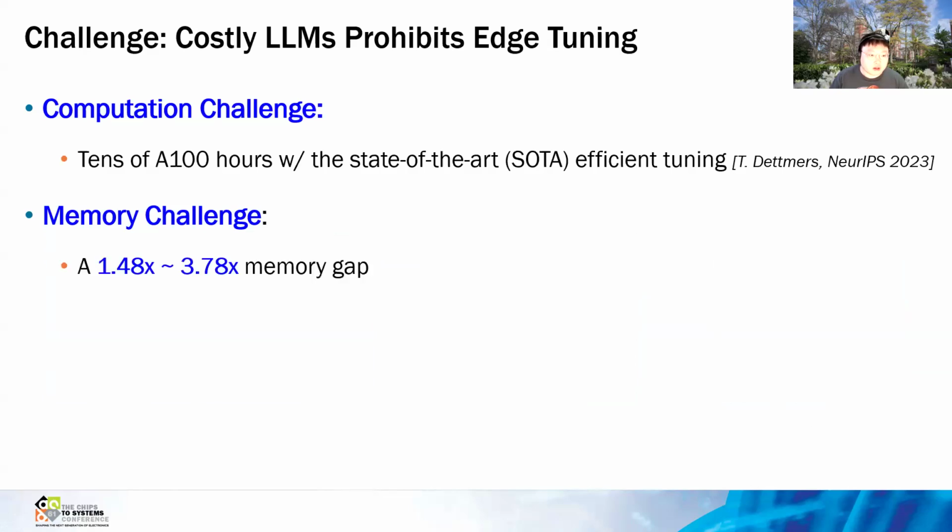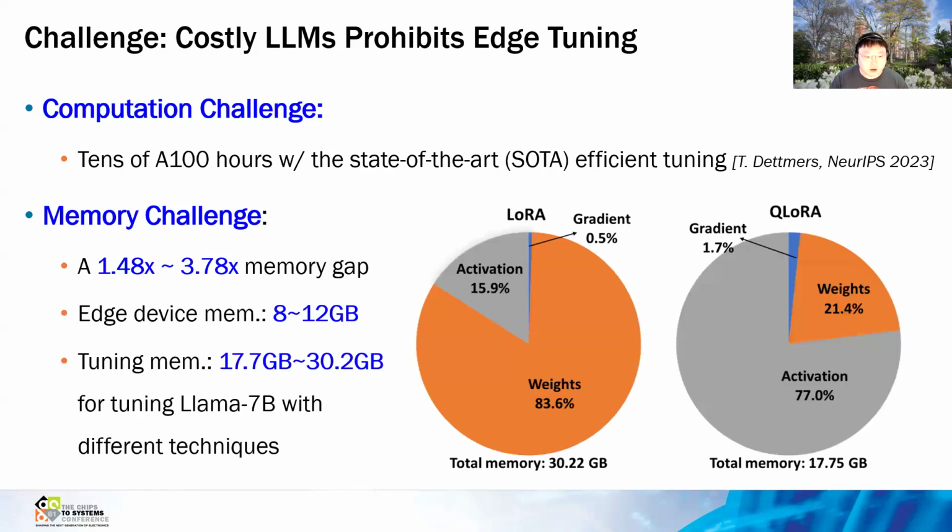And for the memory challenge, it becomes even worse: a 1.48 to 3.78 times memory gap still exists between the tuning memory needed for LLM and the edge device memory available.